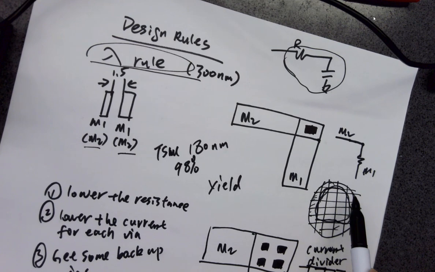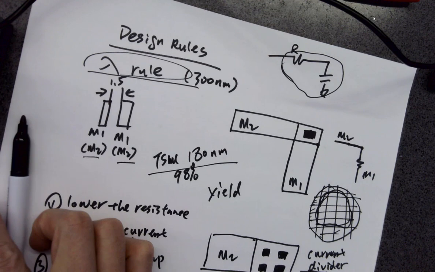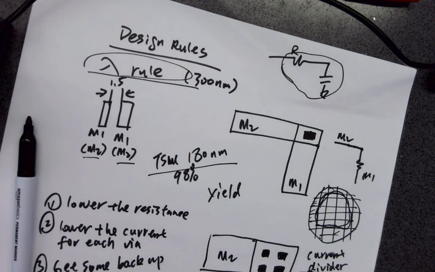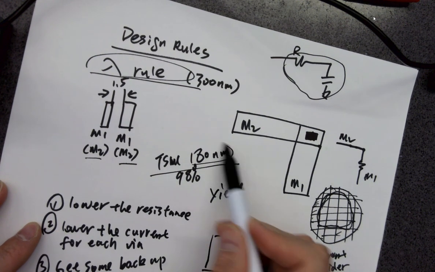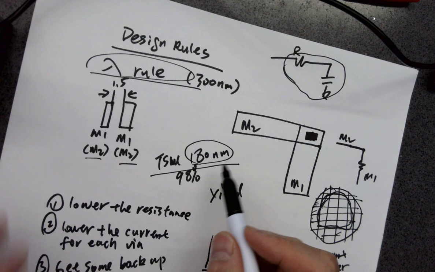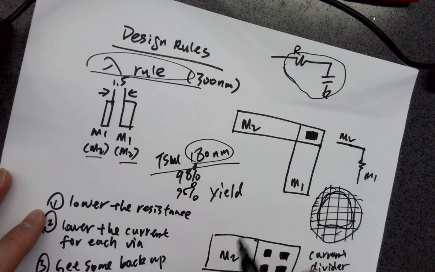That's crazy, and that is why TSMC is just getting so popular. It's taking almost 90% of the market share to fabricate all the chips for Samsung, iPhone, and everyone. Its yield is so high. So for example, Samsung is able to make 180 nanometer technology with, for example, 95% yield.